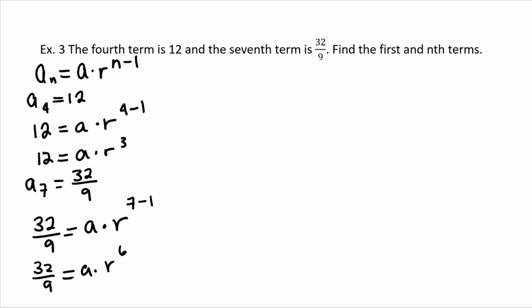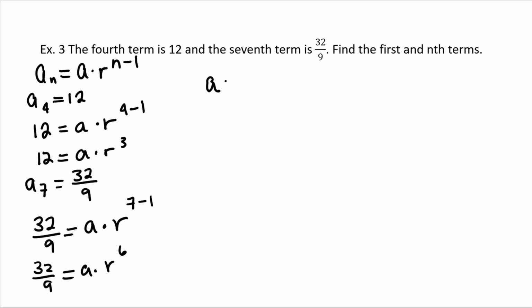Now we have a system of 2 equations and 2 unknowns, and that's enough information for us to be able to solve. So let's look at that. We've got 12 equals a times r cubed, and 32/9 equals a times r to the 6th. Let's just write the ratios of them.